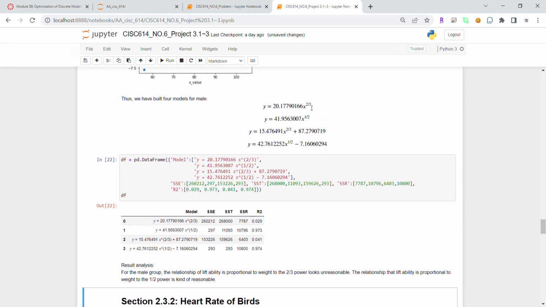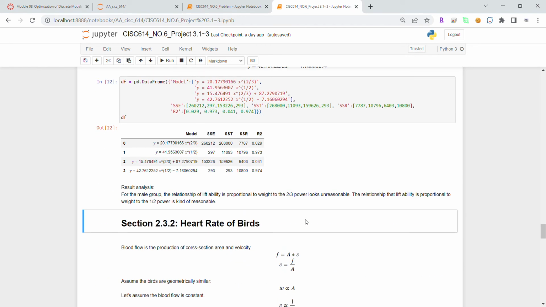So we could say the first and the third does not look good because the R square value is very small. So we could say the relationship that liftability is proportional to the weight to the 1/2 power is kind of reasonable.